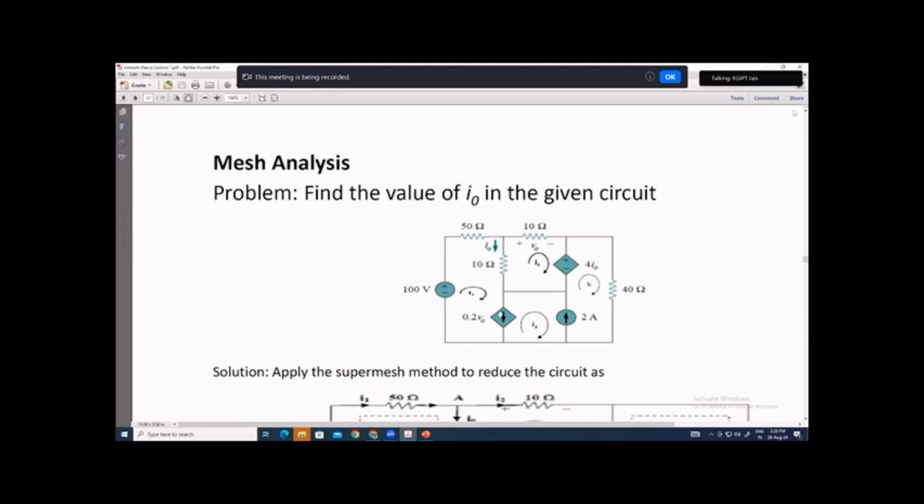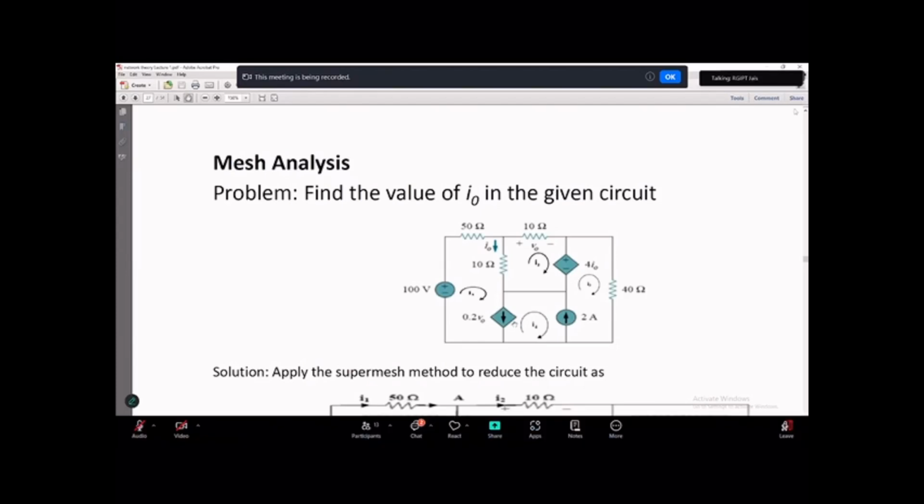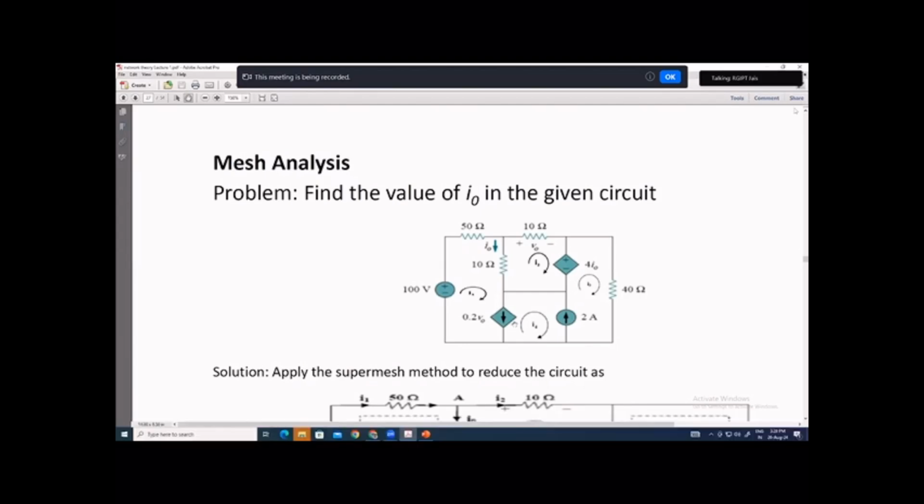For each of these current sources, you can write their own equation. These current sources are common to both the meshes, that's why we are writing this equation. And for each and every dependent source also you have to write another equation. So using all this, we solve this problem.